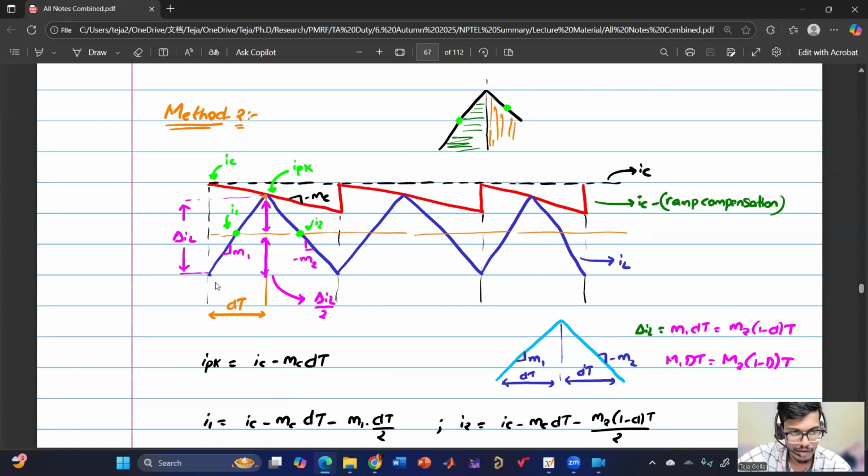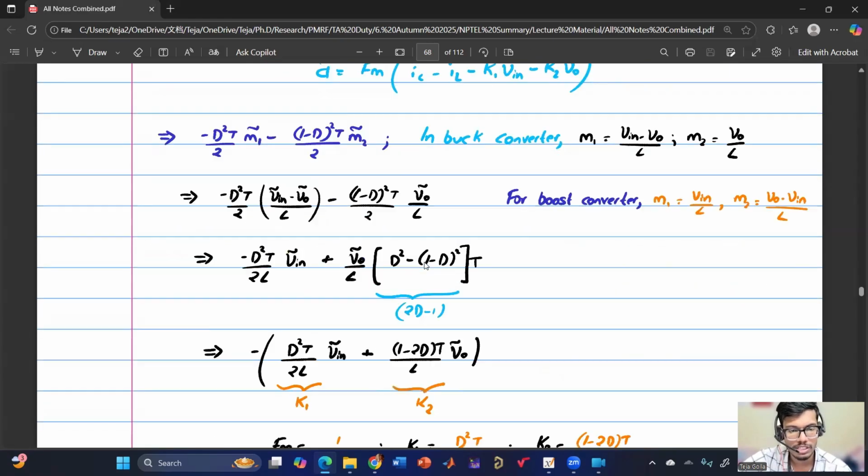So we have considered the average on this side plus the average on this side, and then we have added. Whereas in the case of method one, we have assumed that at least in a cycle it is fixed. Here we have considered that this point and this point may not be on the same line, so this is also varying. So we have considered a more generic and more accurate model, and we have gotten 3 such models.